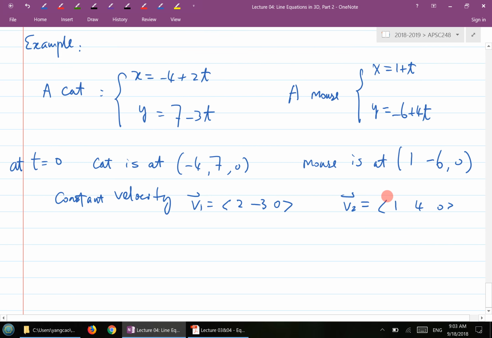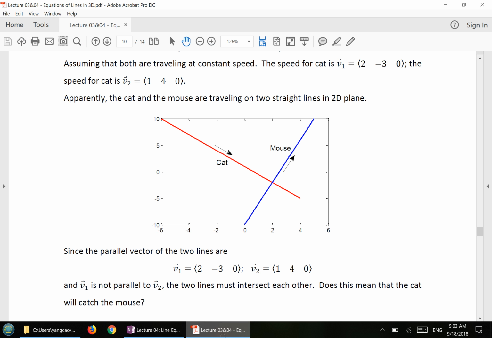And when you draw two lines in the xy plane, they definitely will intersect. So when you draw the two trajectories out, there's a certain intersection point. But that's just the mathematical meaning of intersection.